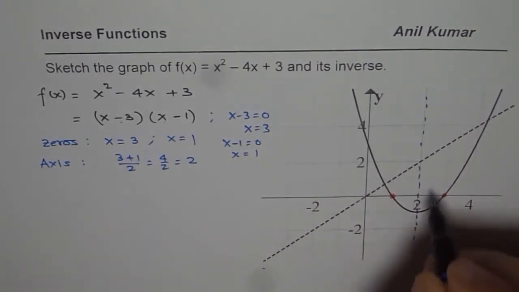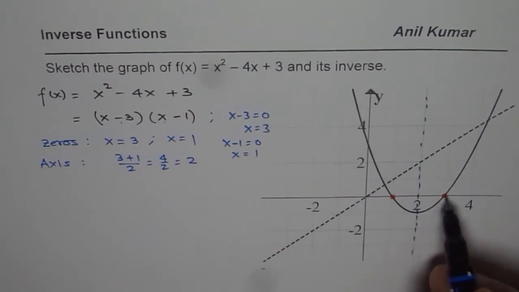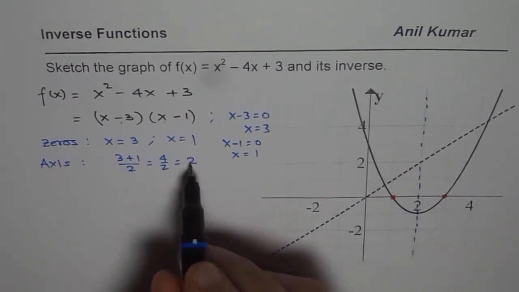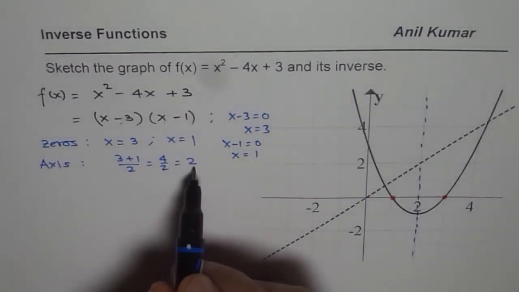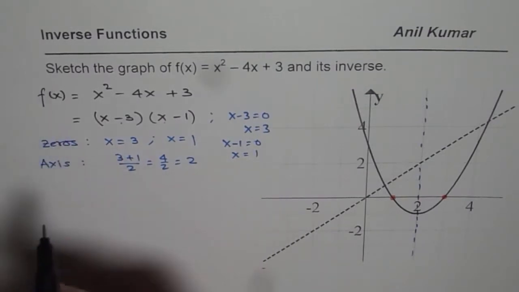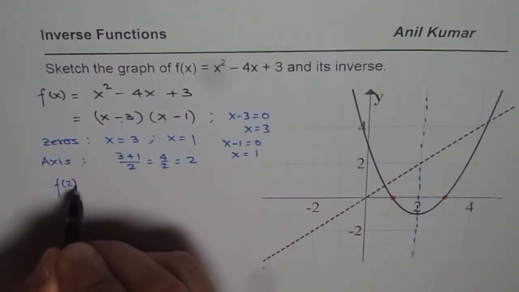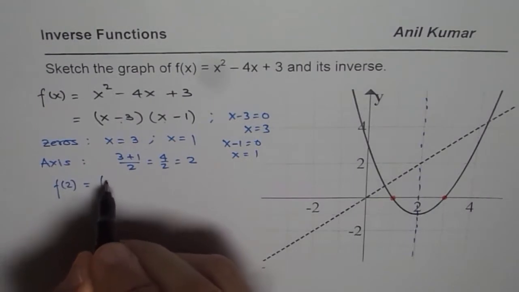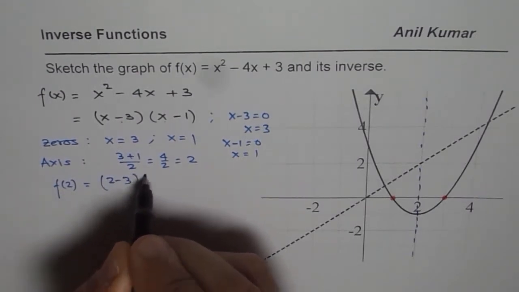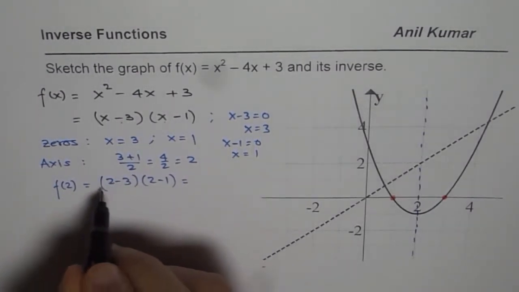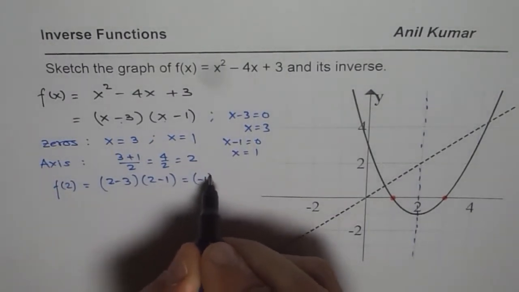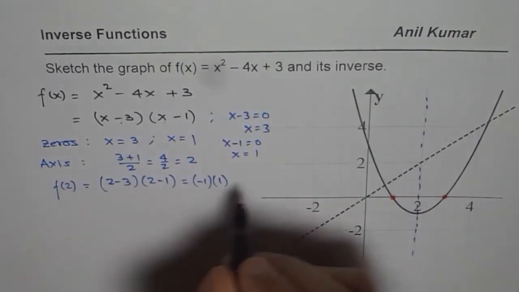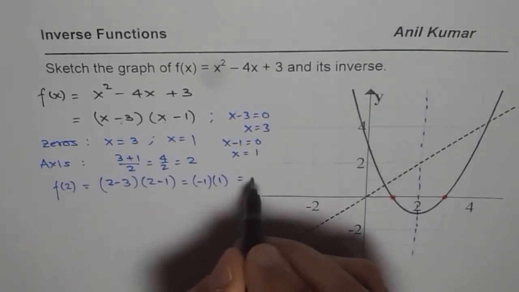So you follow these steps to sketch. Once you get the axis, you find the value of the vertex, so you find f of 2. Substitute 2 in your equation: 2 minus 3 times 2 minus 1. 2 minus 3 is minus 1, and 2 minus 1 is plus 1, so you get a value of minus 1.